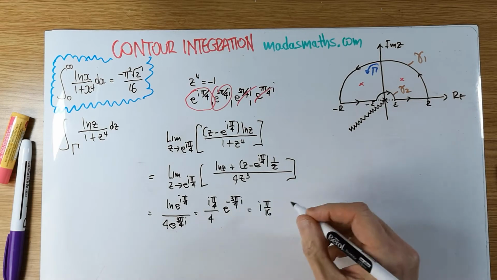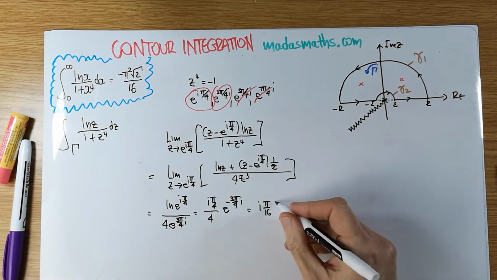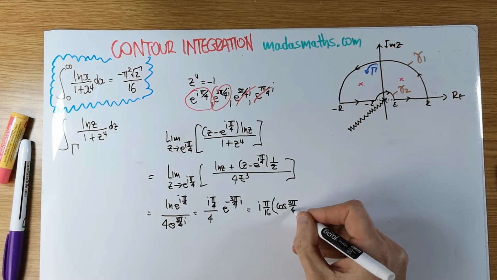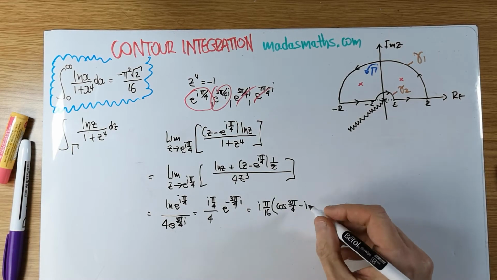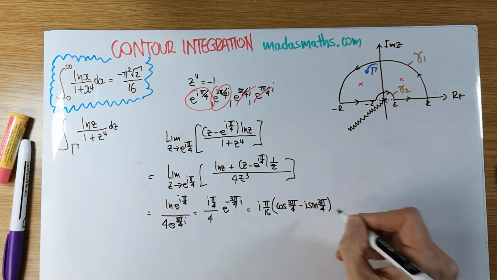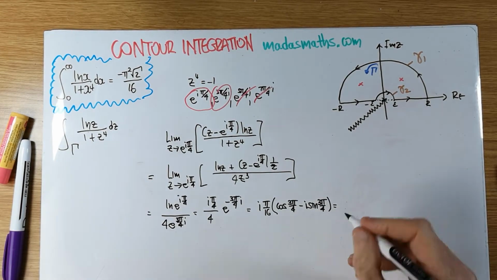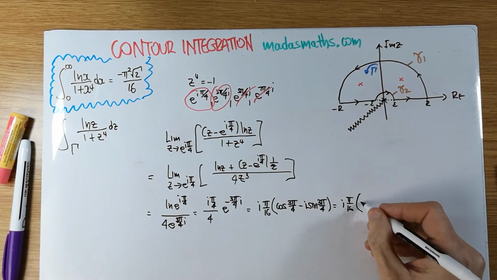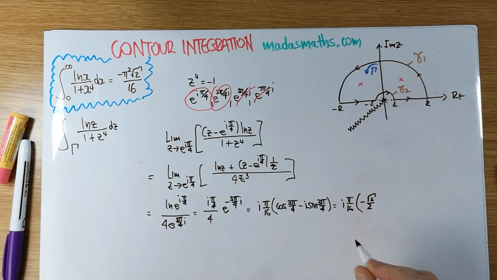I'm going to switch this into sines and cosines. So that's going to be the cos of 3 pi over 4 minus i sine 3 pi over 4, which will give me i pi over 16 cos of 135 is negative root 2 over 2.